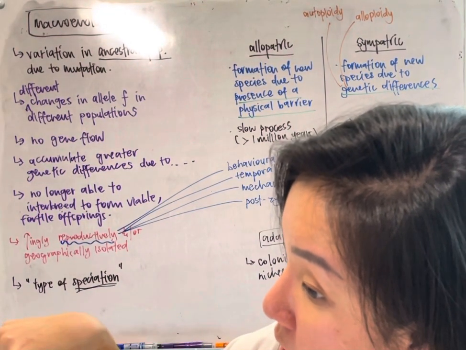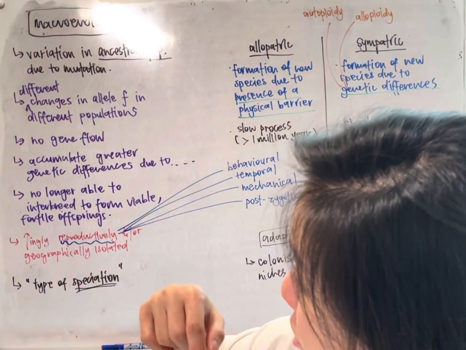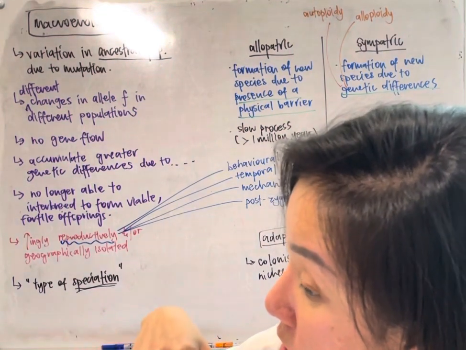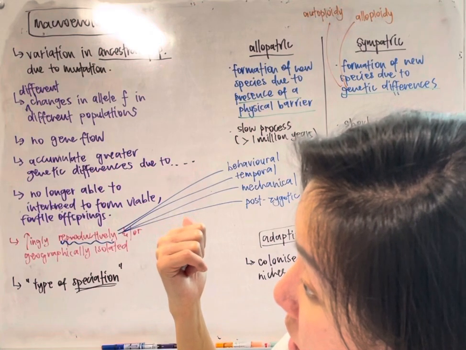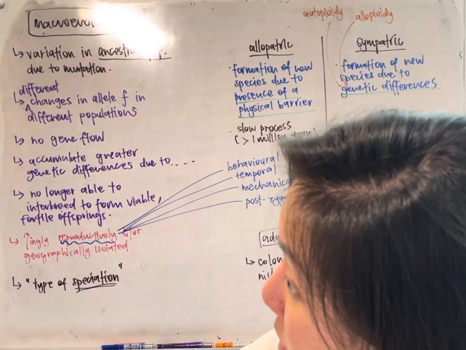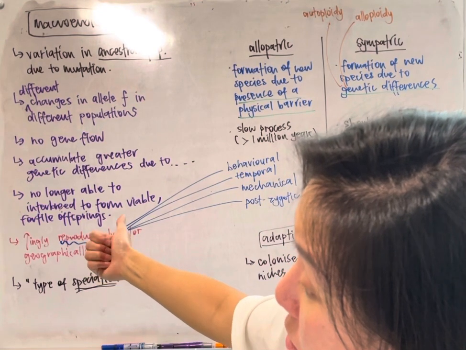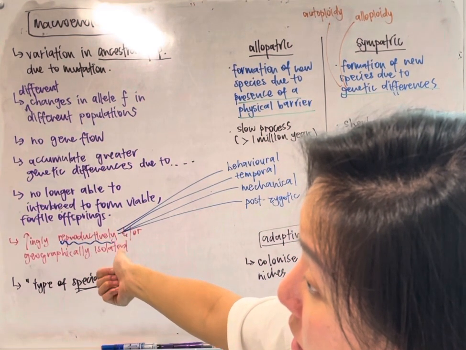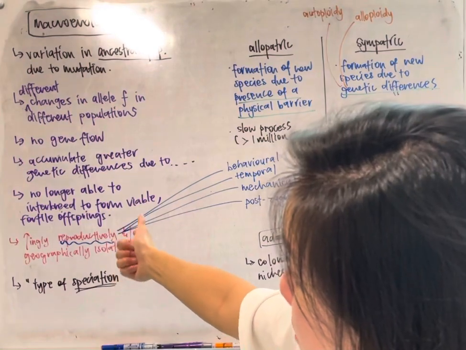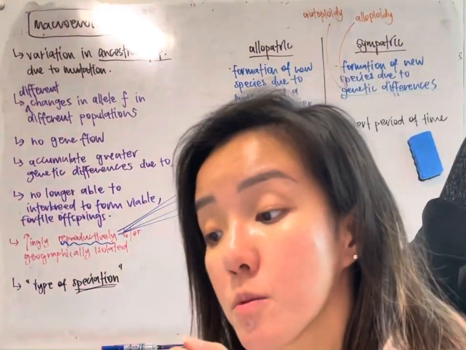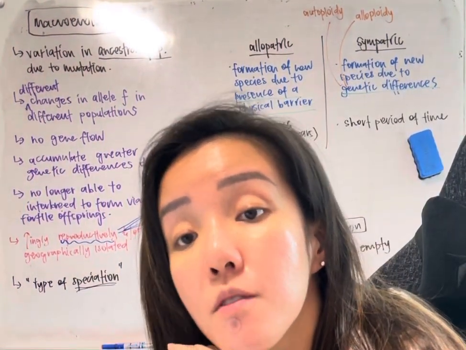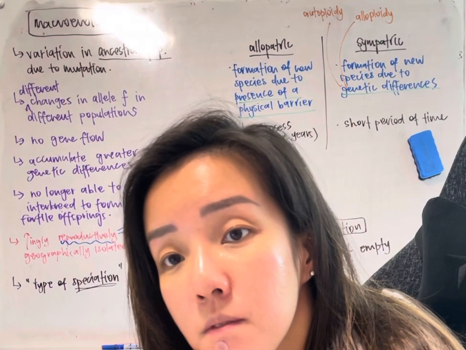And then after that, you must tell me how they accumulate greater genetic difference such that they are no longer able to interbreed to form viable and fertile offspring, because now you want to form new species, right? However, must we specify how different they are?